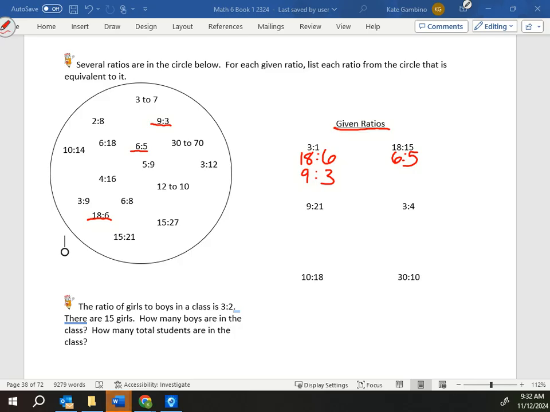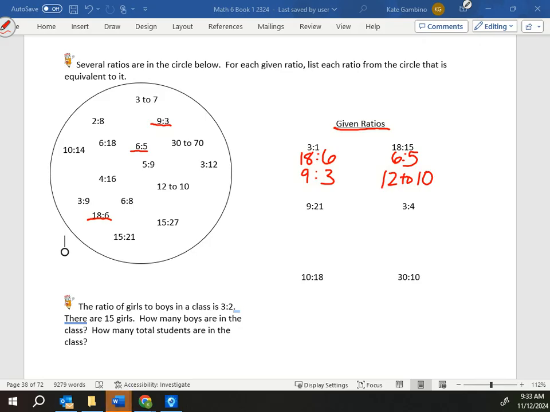There's actually one more. If I multiply that 6 to 5, I can multiply that up. So I simplified 18 to 15 down to 6 to 5. Looking at that 6 to 5, can I multiply that up, Lila? 12 to 10. 6 times 2 is 12. 5 times 2 is 10.